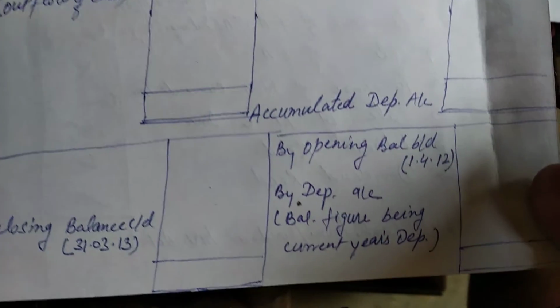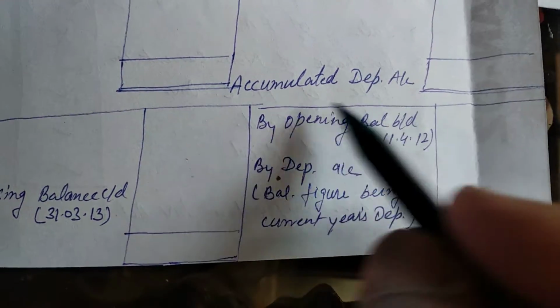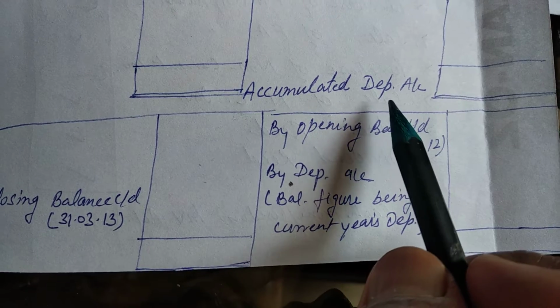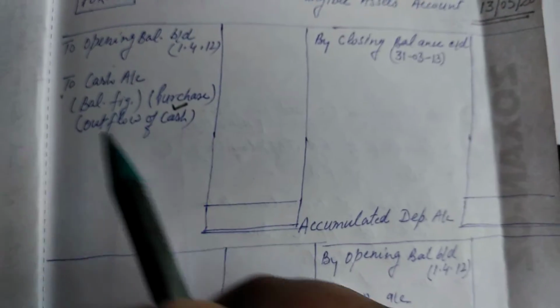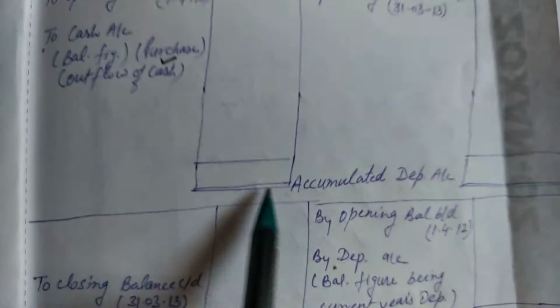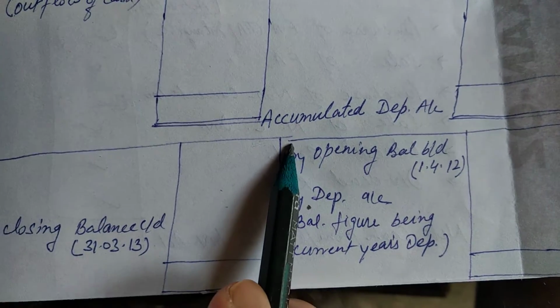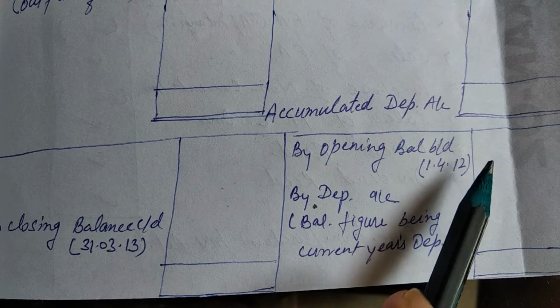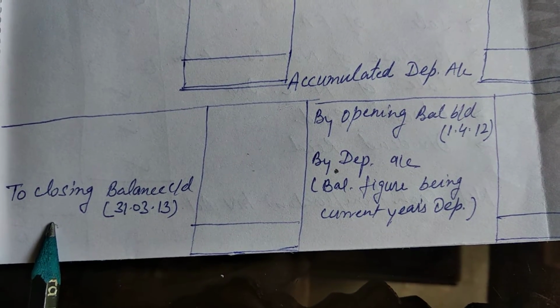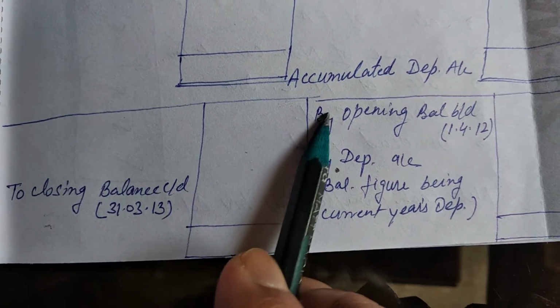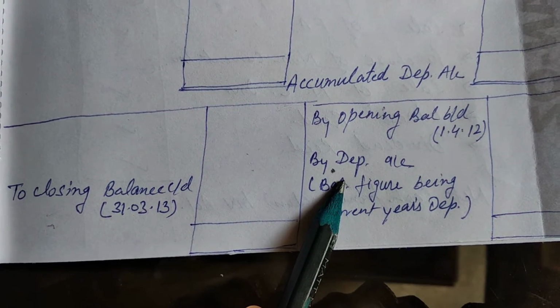In the same manner, one more additional account in working notes we have to make is the accumulated depreciation account. Here the opening balance will be on the credit side and the closing balance will be on the debit side, and the difference of these two will be the depreciation.